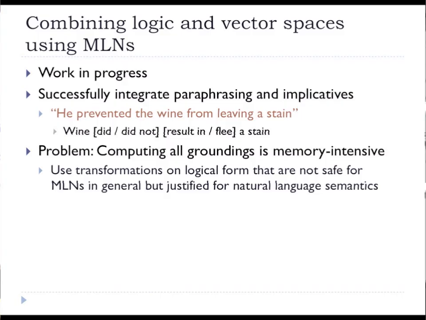But in general, using MLNs is sometimes painful because it's incredibly memory intensive. So you compute all the groundings of a set of clauses, it just explodes in memory. So what we do is we use transformations on the logical form that are not safe in general, but are justified for the natural language semantics that we see.